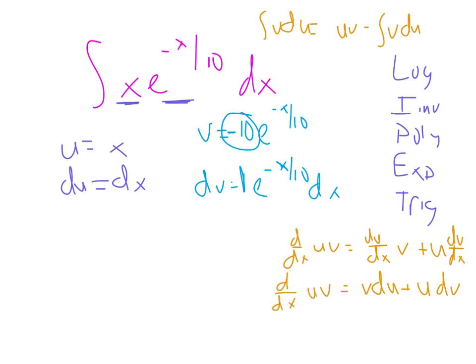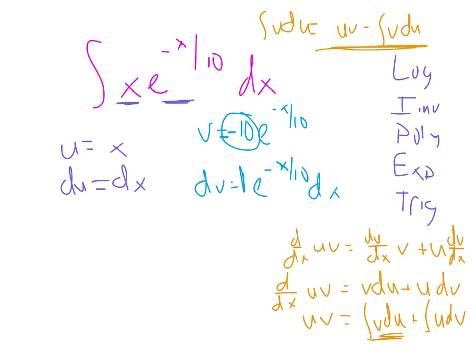And then if you integrate both sides, this side just becomes uv, this side becomes the integral of v du plus the integral of u dv. And then if you solve for the integral of u dv, you get what I have up here, uv minus the integral of v du. So we're just undoing the product rule.